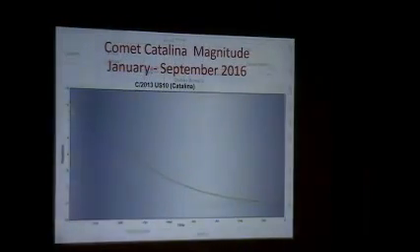And the next slide here, I have the projected magnitude for the next several months up to September. So of course, this is January. And you can see starting February the magnitude is going to dip quite high, I guess, when it starts moving away from Earth. So just kind of bear in mind, when we start taking photography or looking at it, it's going to drop quite fast.